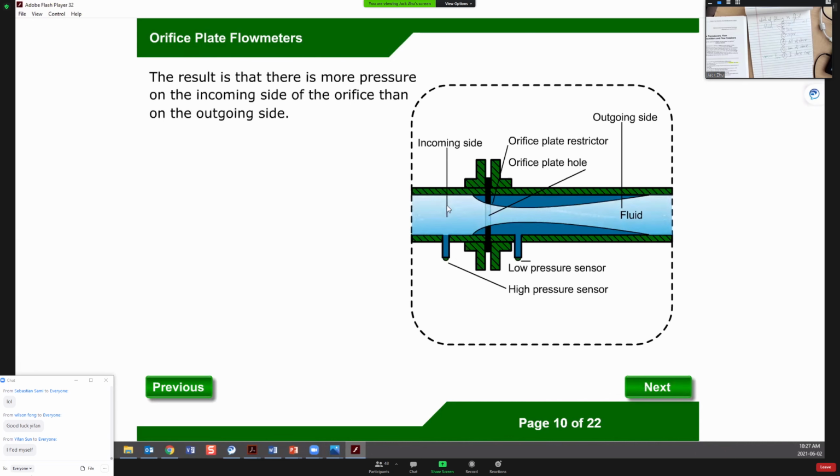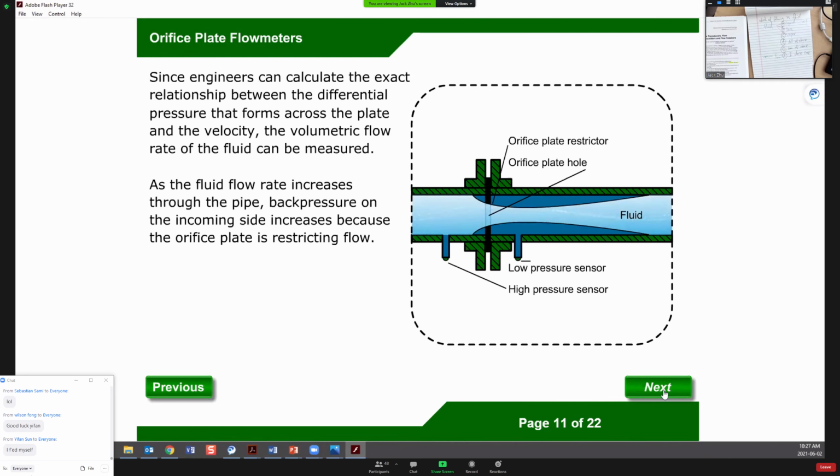So there's more pressure on the incoming side because you are limiting the liquid flow. And on this side, you suddenly open it up, so it can go more freely. That's why it creates the different pressure down here. So there's a way to calculate exactly the differential pressure, and they can calculate the flow rate.